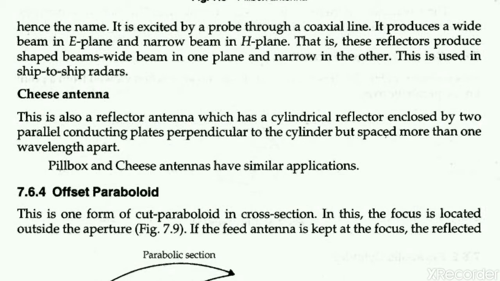In the case of the pillbox antenna, the spacing between the conductors which are perpendicular to the cylinder is less than one wavelength, but in the case of the cheese antenna, the spacing between the conductors is more than one wavelength apart. So those have similar applications.